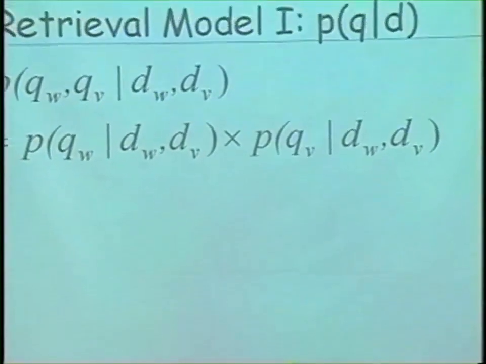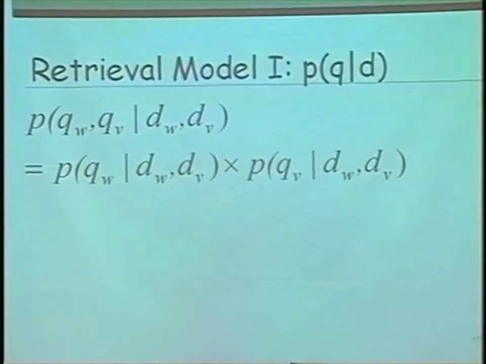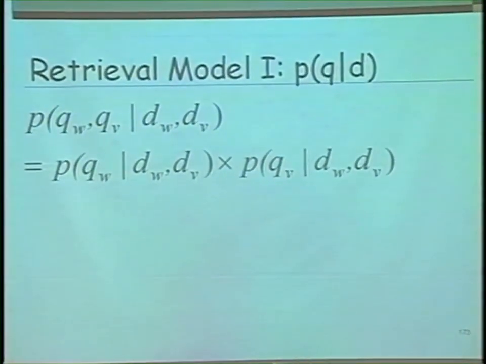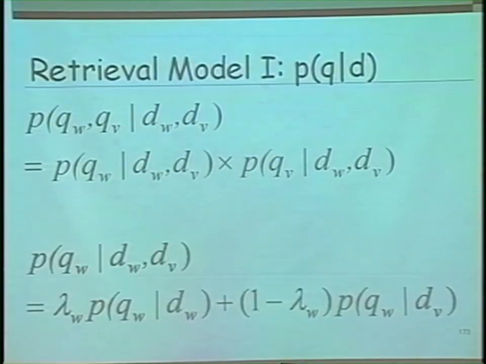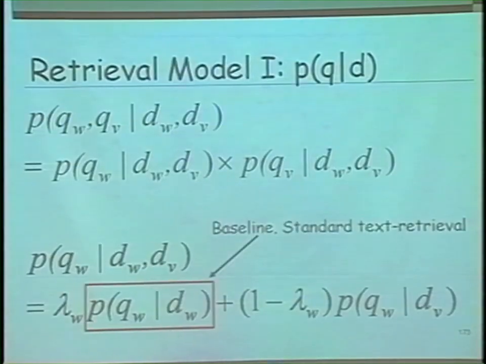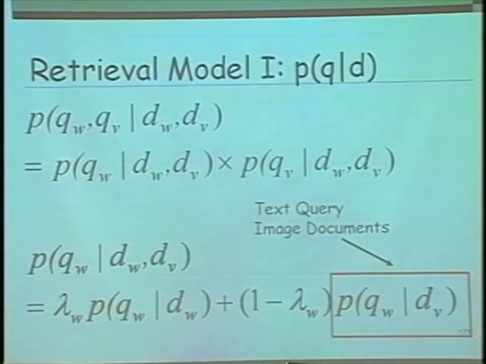So that's retrieval model number 1, that we make the assumption that the query words and the query with terms are independent. And let's focus on the part that's coming from the query words. Here we do a linear interpolation of a standard retrieval model and the model that relates the query with term, the document with terms, to the query words.